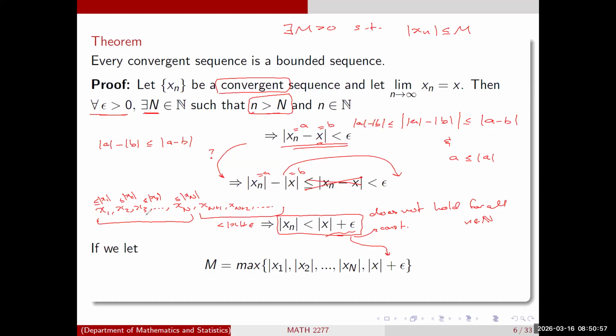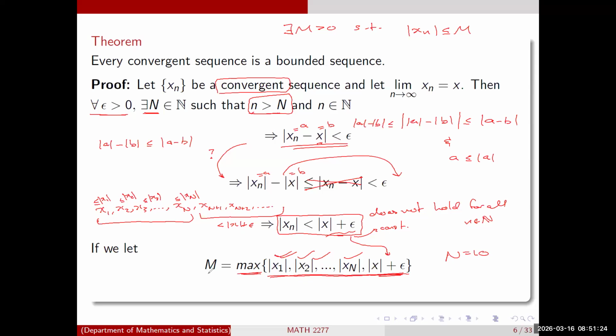So all I need to do is take the maximum of modulus x1, modulus x2, modulus x3, up to modulus xN, and this last term. If I take the largest of all these values, and these are finitely many values, for example if big N was 10, then these are just 11 numbers, so I look at these 11 numbers and choose the maximum.